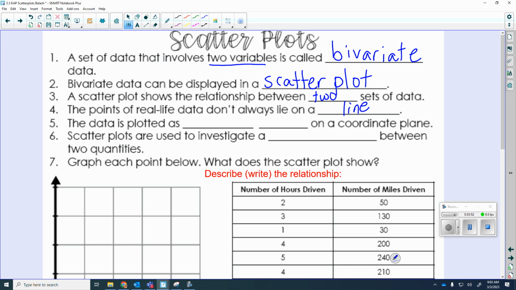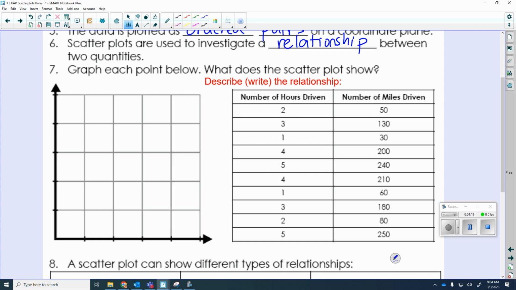The data is plotted as ordered pairs on a coordinate plane. Scatter plots are used to investigate a relationship between 2 quantities. Okay, so we're going to graph these points, and then what does the scatter plot show?